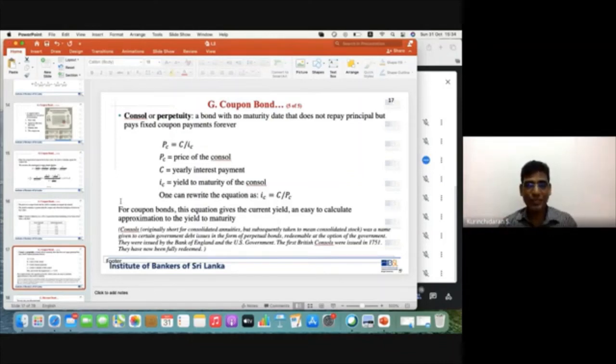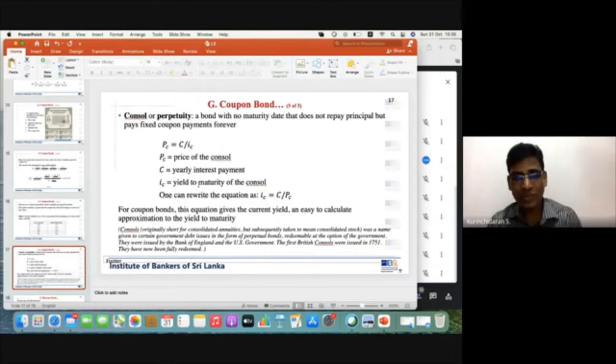It's actually yield to maturity; for simplicity, I'm saying interest rate. So when you compare with the previous calculations, every calculation is different. Here, when it comes to consols or shares, there is no maturity, so yield to maturity is a different calculation.